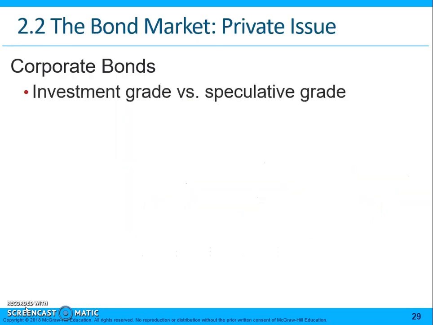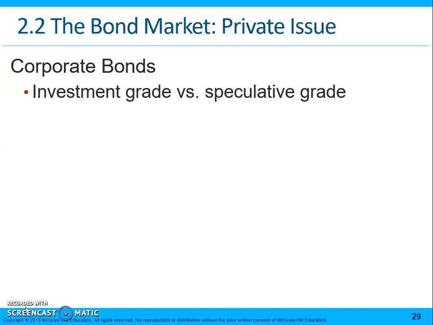Corporate bonds are broken down into two sectors. The book calls them investment grade versus speculative grade. I prefer to call them either speculative, non-investment grade, or junk bonds.